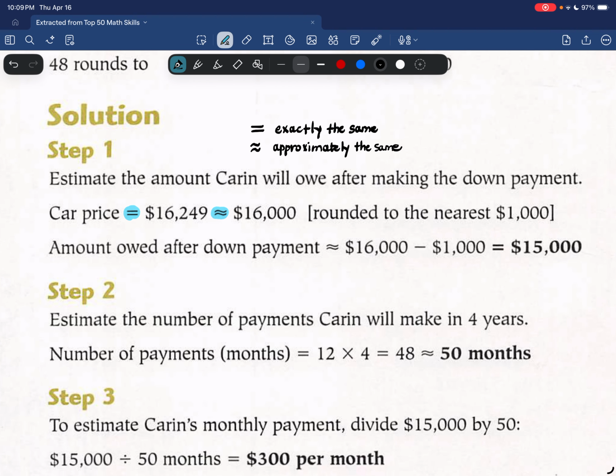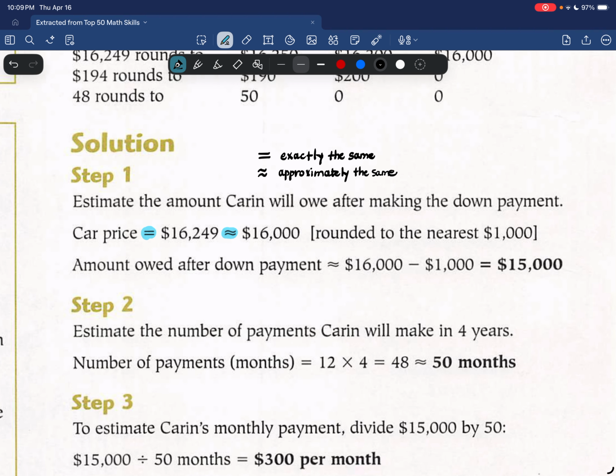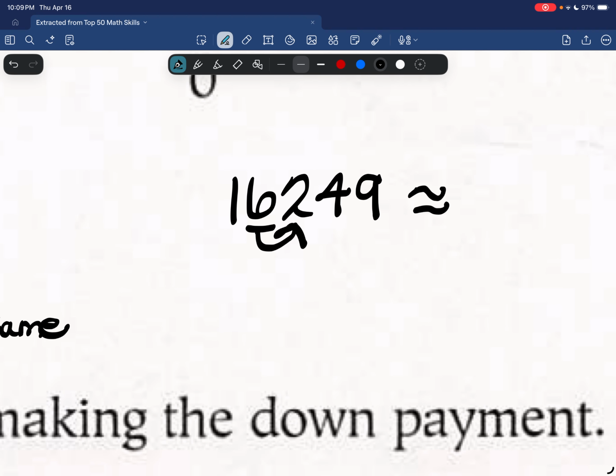So what they've done here, they have taken the 16,249 and they've rounded that to the nearest thousand. When I look at this, I look at the neighbor says stay. So this is approximately $16,000.